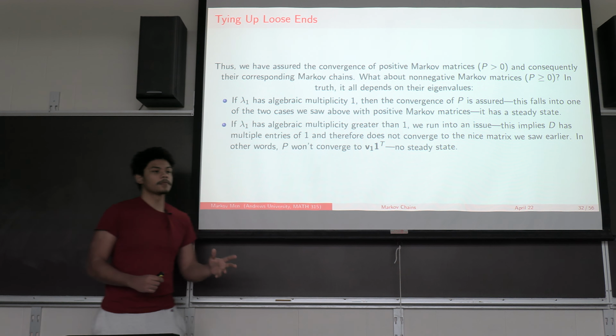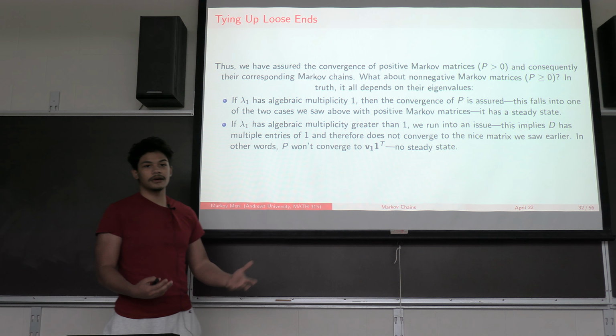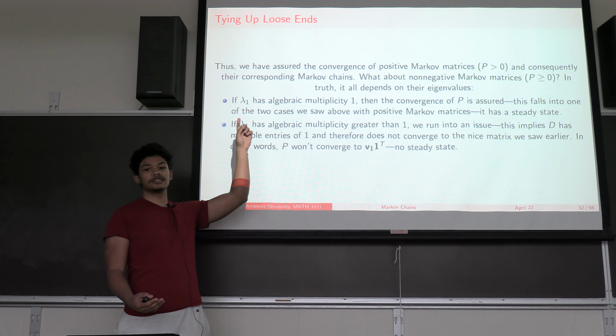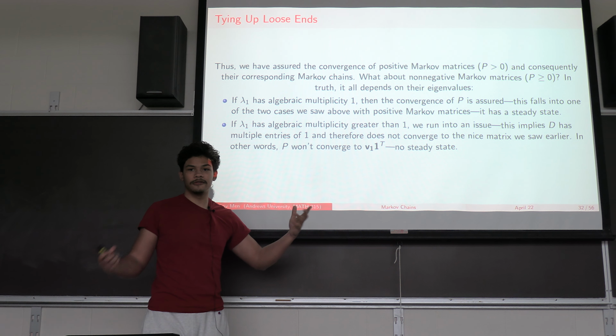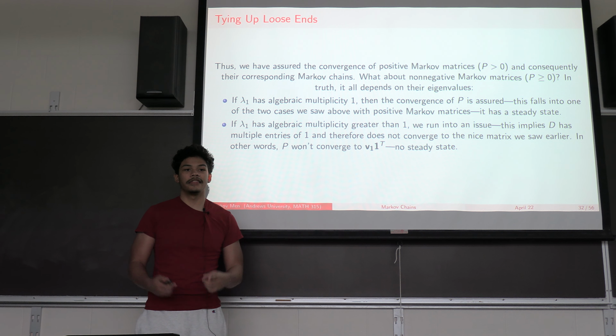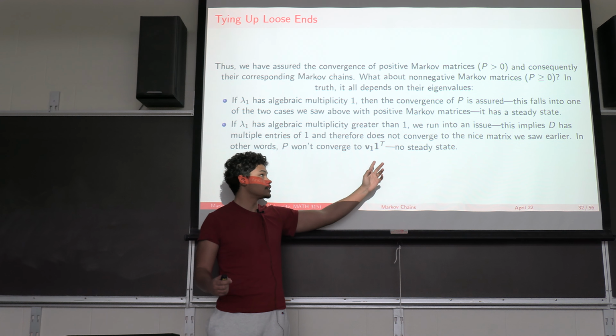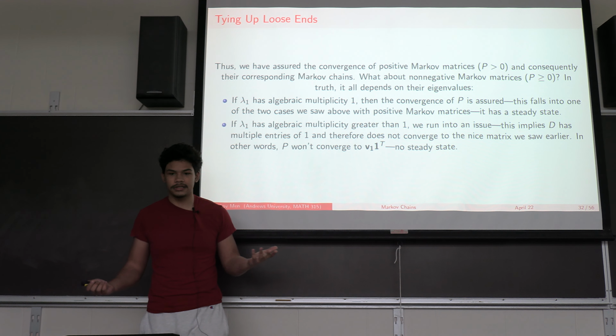However, if lambda 1 has an algebraic multiplicity greater than 1, we'll run into an issue because that means our matrix D, whether it's a diagonal matrix or a Jordan canonical form, will have more than just one value of 1 along the main diagonal, and thus we won't be able to obtain that matrix of just V1s for each column that we saw, so no steady state.